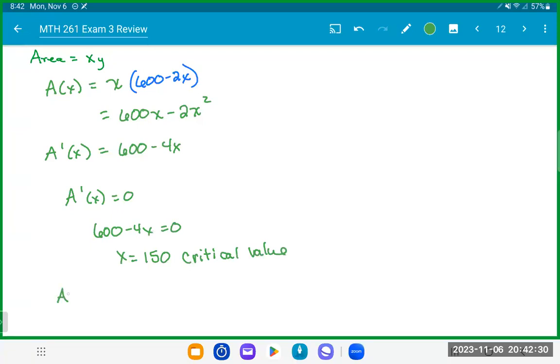Let's look at our second derivative. Our second derivative is just the derivative of our derivative, which is -4, and that is less than 0. So I have a maximum at x equals 150.